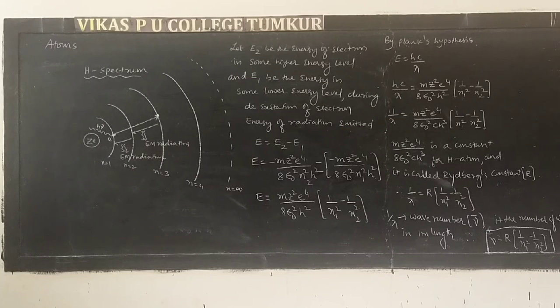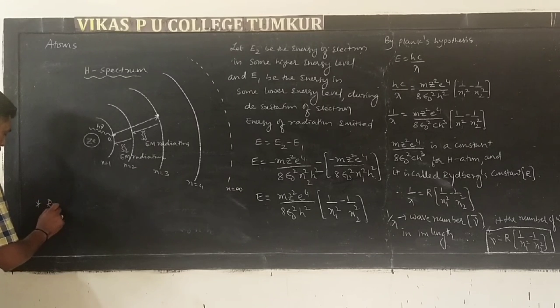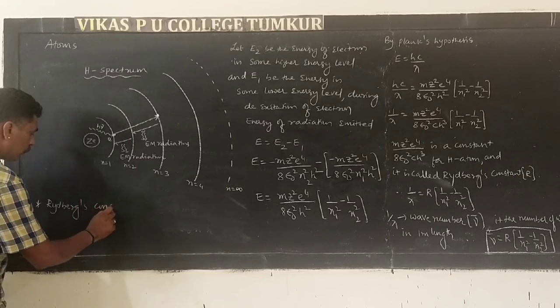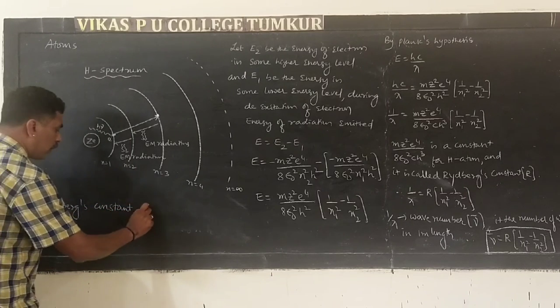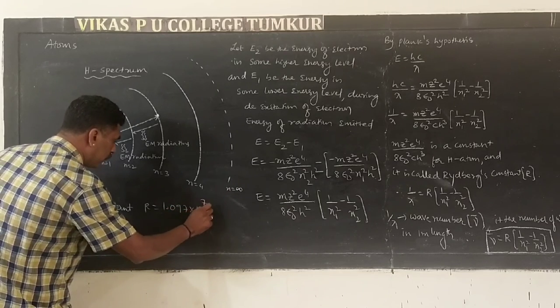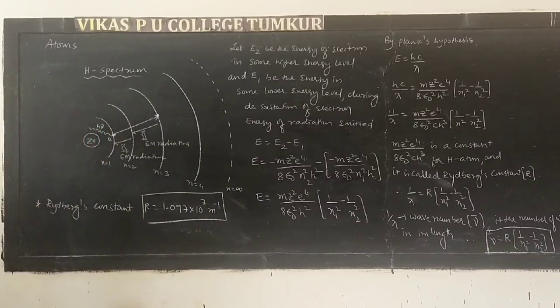So you all remember that. If you write it somewhere, it is even better. So Rydberg constant is approximately 1.097 into 10 power 7 per meter. You will all remember that value. So this is about the hydrogen spectrum's wave number. So we derived the expression for wave number.